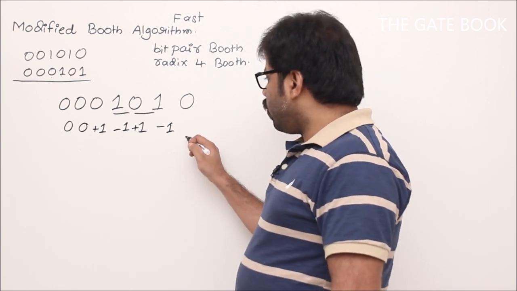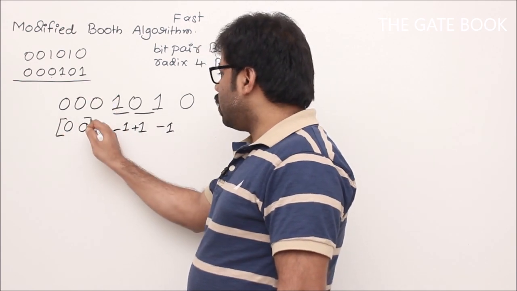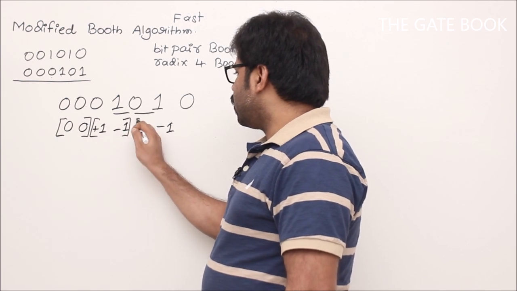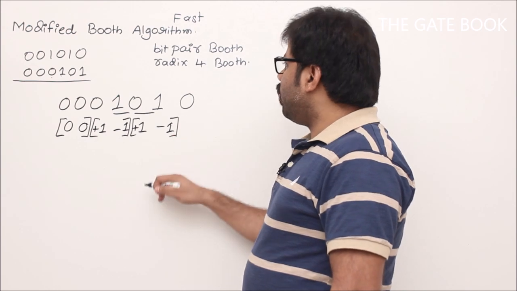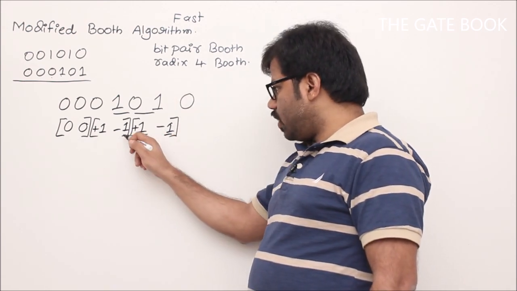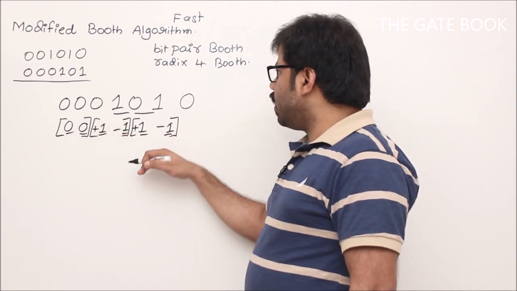Now what we are going to do, once it is done, in the modified Booth algorithm, is pair these digits like this. When you pair like this, your base 2 will become base 4. That means I am taking all the digits of this Booth multiplier and converting into radix 4.